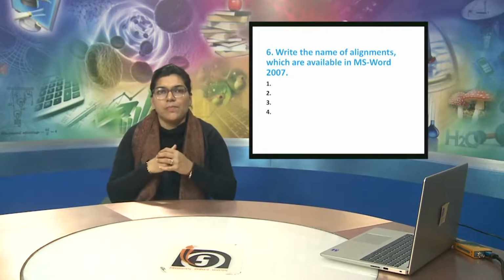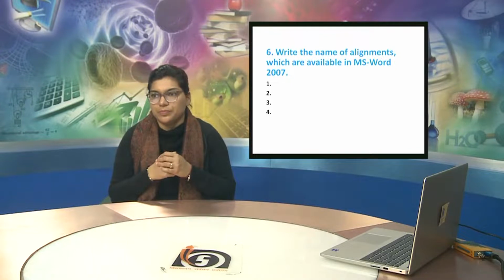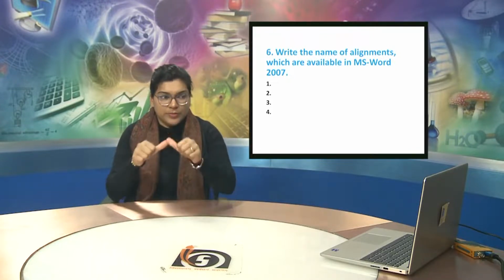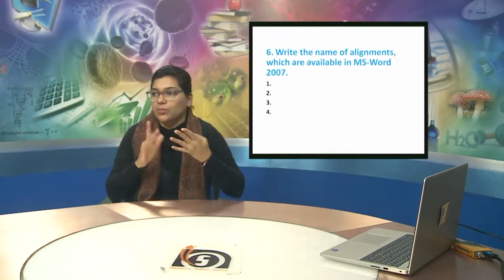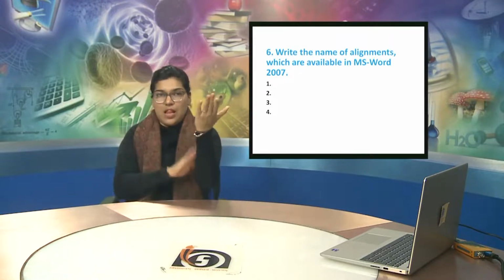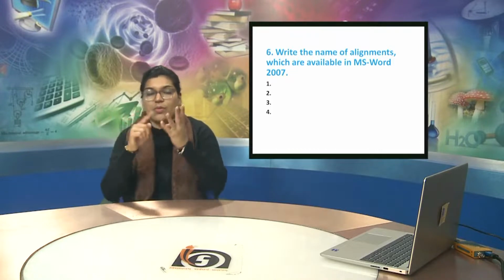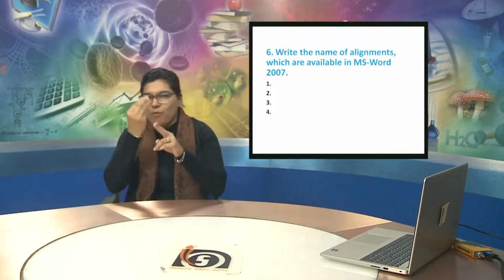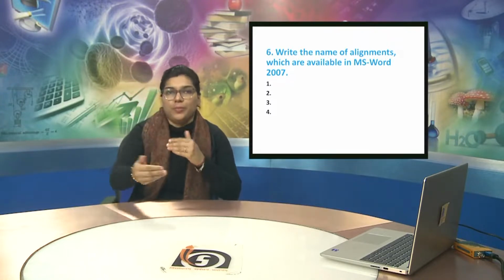Please write it and send it into the chat box. Okay, I'll answer it. The 4 alignments are left alignment, center, right alignment and justify. These are the 4 alignments in MS Word 2007.